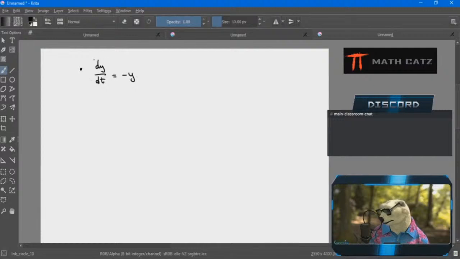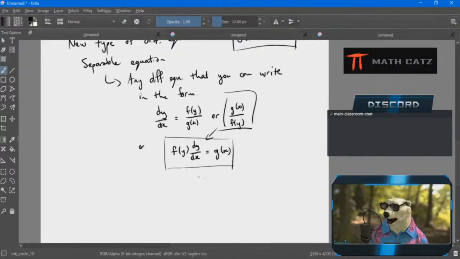My step for creating good habits is to leave the derivative in one piece first and try to get to this box form, where all the y variables are grouped with the derivative and all the independent variable, x or t or whatever it is, is grouped on the other side. So this box is what I'm trying to go for first.